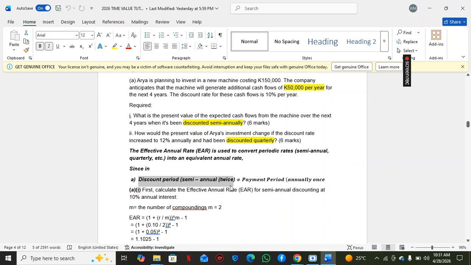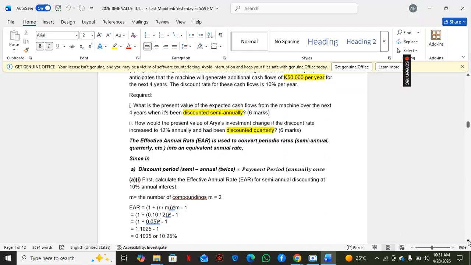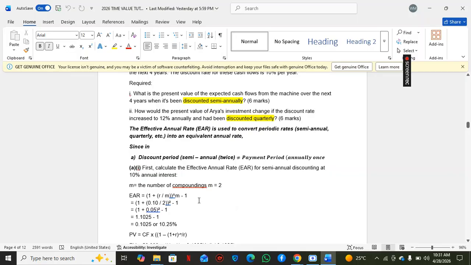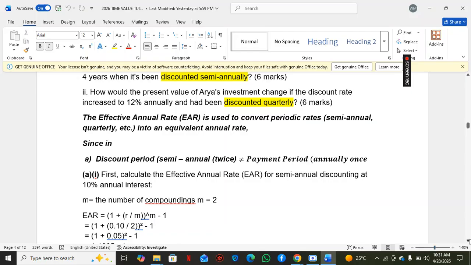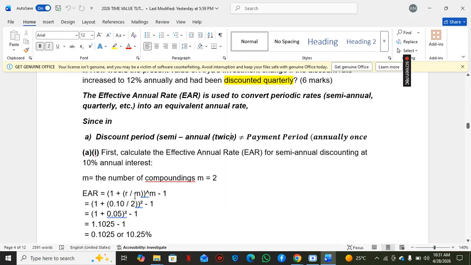So we're going to first apply the effective annual interest rate. This is the formula: 1 plus the rate over the number of compoundings, raised to the number of compoundings, minus 1.